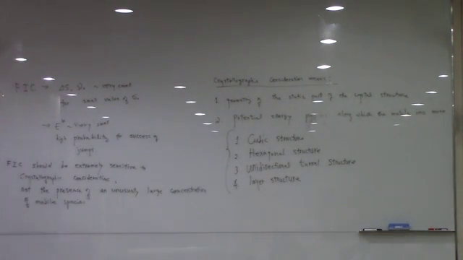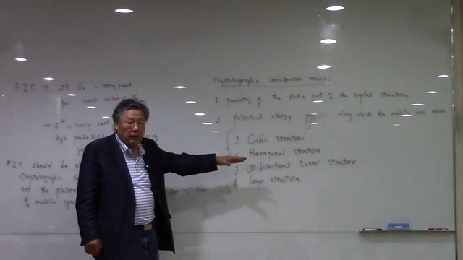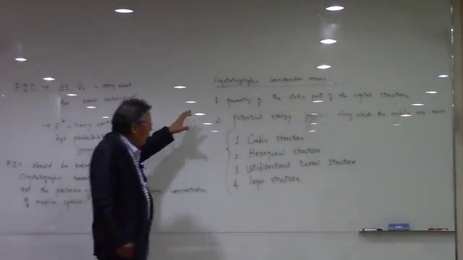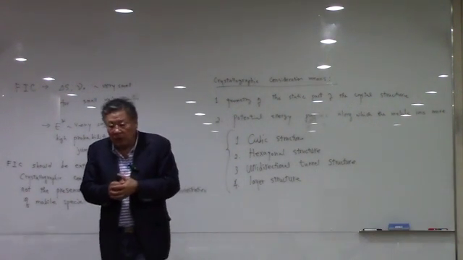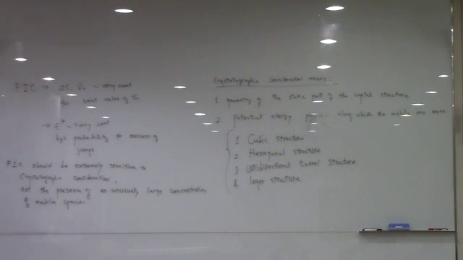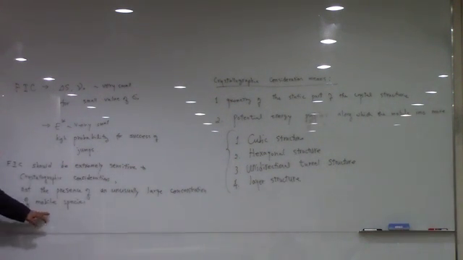So you can find a detailed description of these structures in the handouts. The reason why we have to discuss these crystallographic structures for the fast ionic conductor is that the fast ionic conduction nature cannot be explained by the presence of a large number of mobile species.